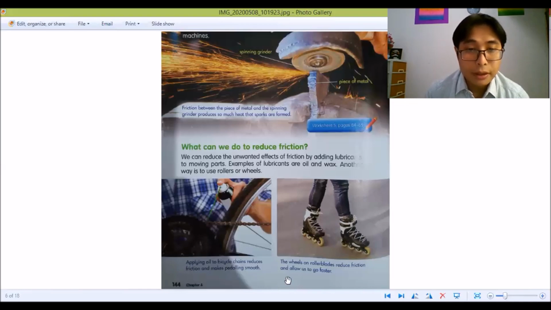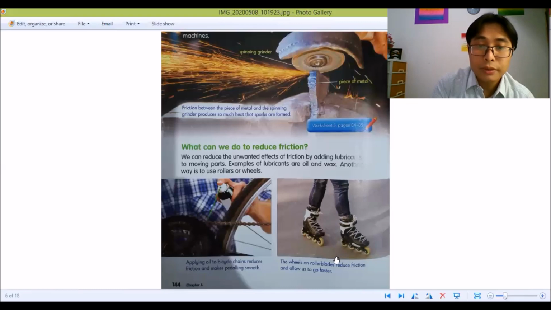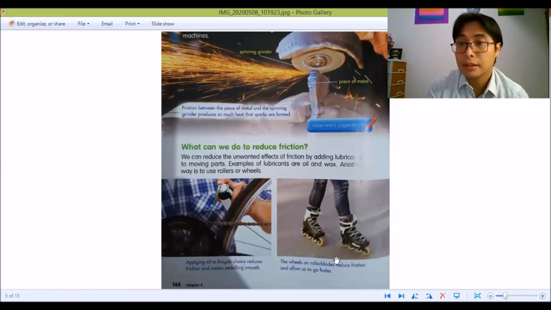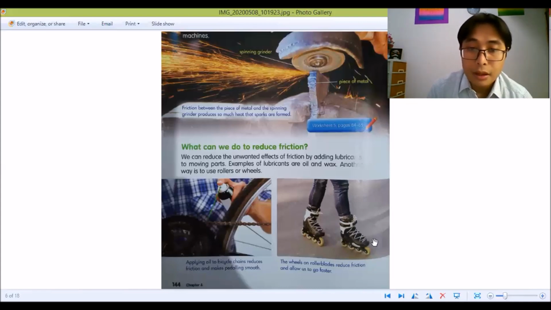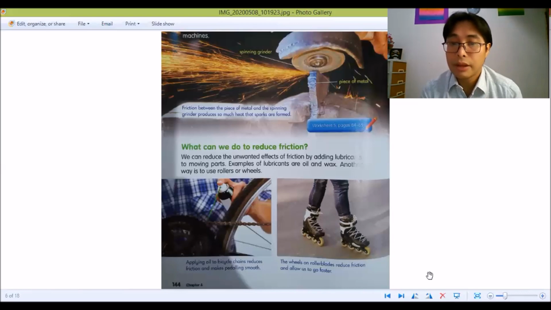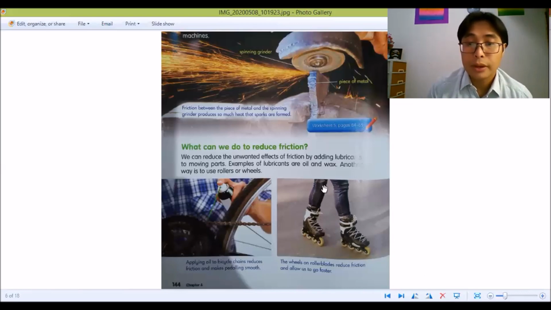They are applying oil to bicycle chains to reduce friction and make the pedaling smooth. And here, the wheels on roller blades reduce friction and allow us to go faster. So oil, wax, lubricants, and wheels can reduce friction.